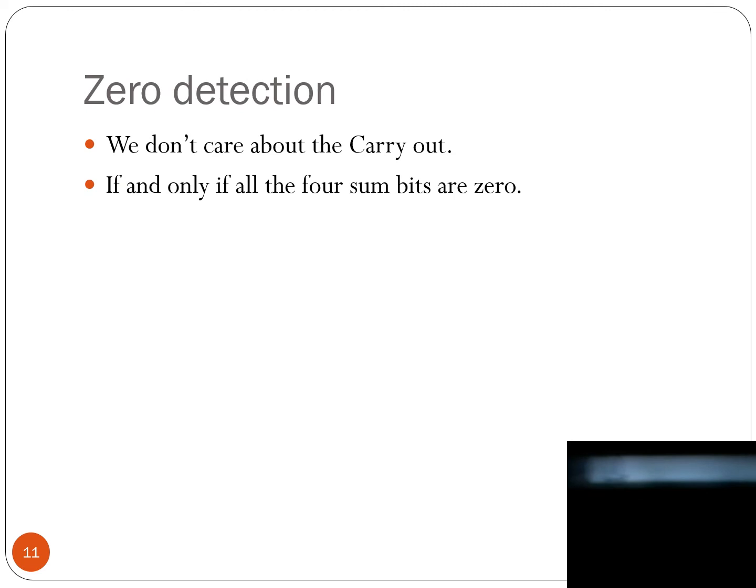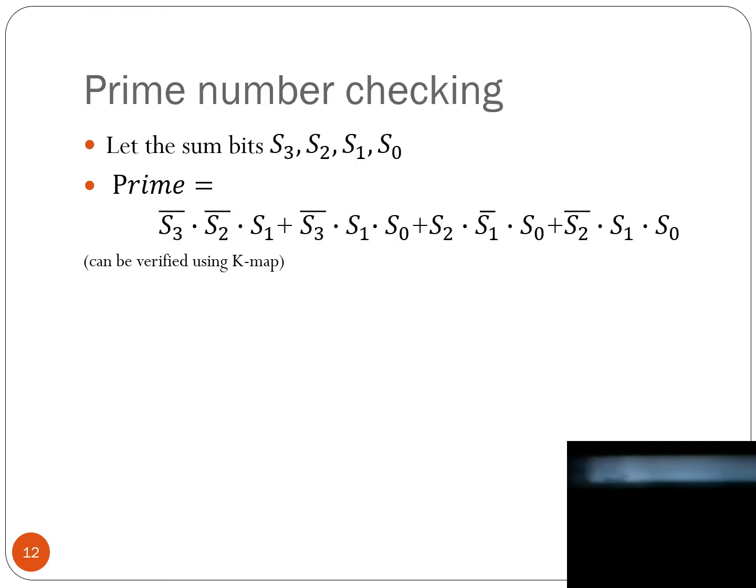The second functionality is zero detection. It's quite simple. The zero detection should be set to 1 if all the sum bits are equal to 0. Then prime number checking. Basically, it just checks for prime numbers within the range of all legal numbers.